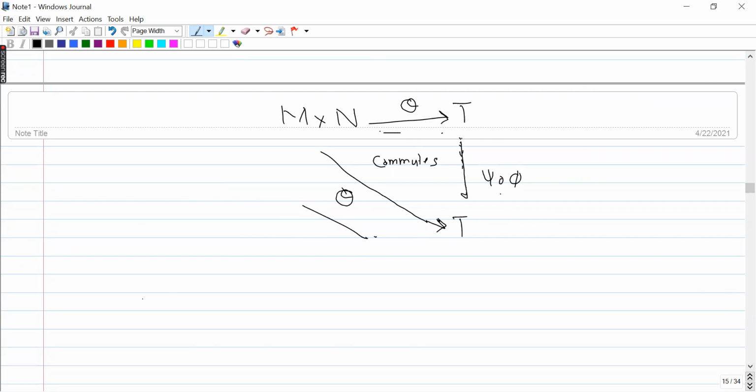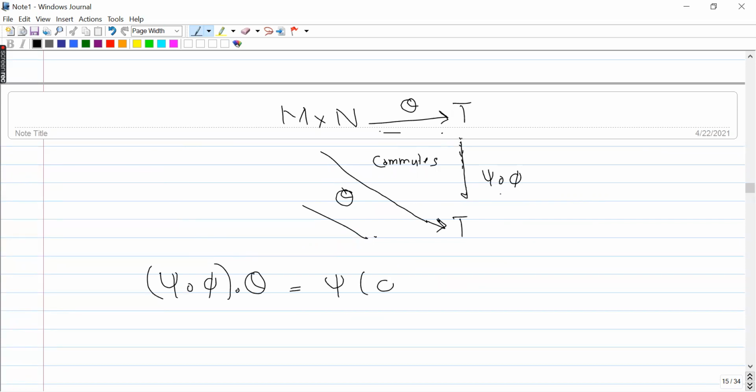So for this purpose, if we take the composition psi composition theta of phi with theta, here we can apply the associative property.